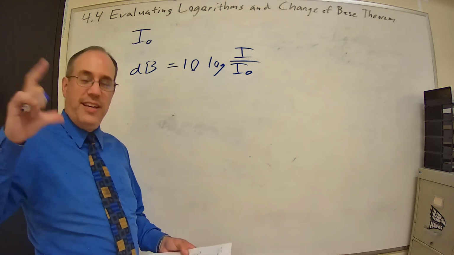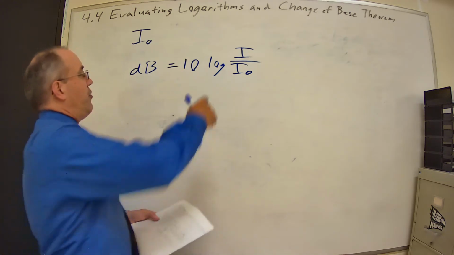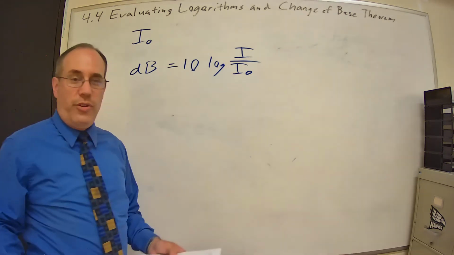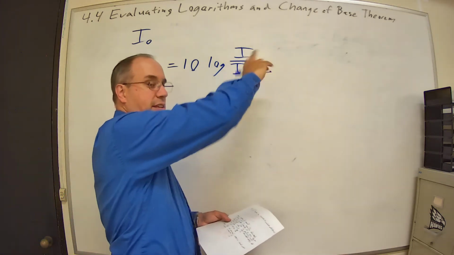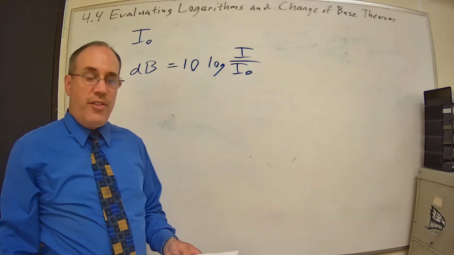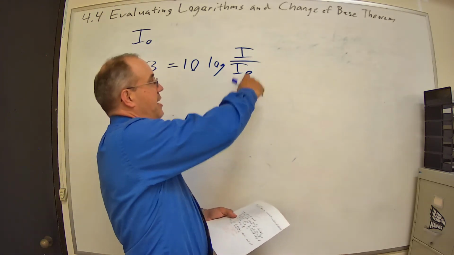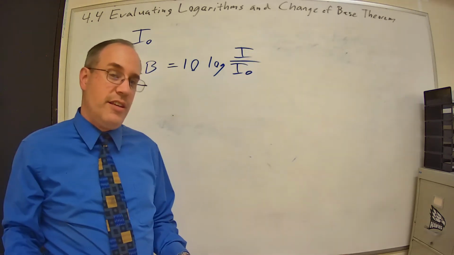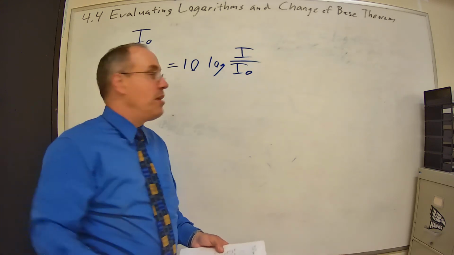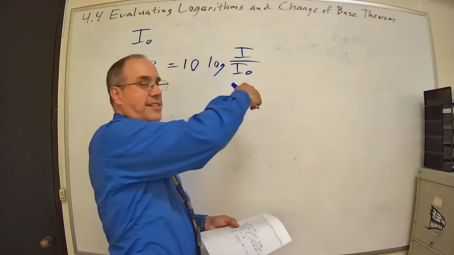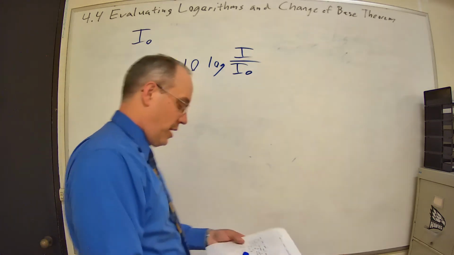So it's basically, we're taking 10 times the log of the ratio of the sound to the threshold. Almost saying how many times greater is it than the threshold. Because if the sound level is the threshold intensity, then you'd have a ratio of 1 to 1. If it's twice that intensity, then we have a ratio of 2 to 1, right? So just looking at that.